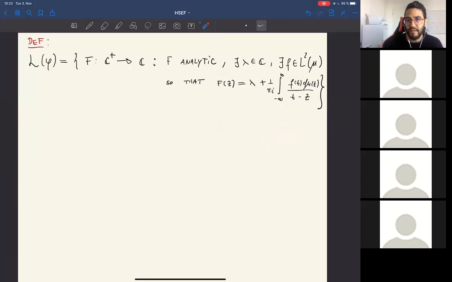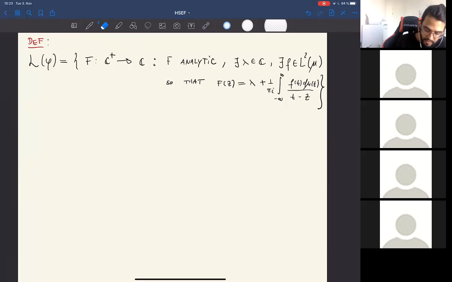And this has to make sense, because if you have two different representations, then it could be the case that even the addition doesn't make sense in the space. But it will, and I will explain that in a moment.